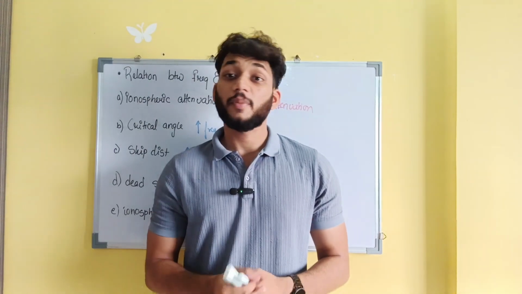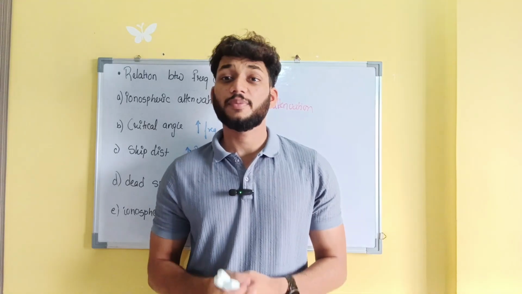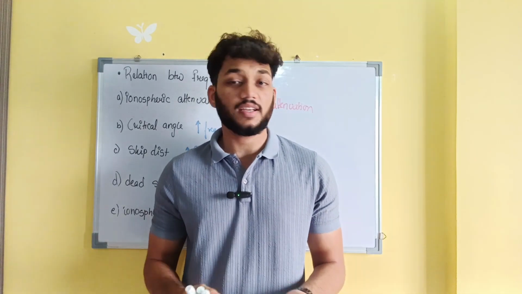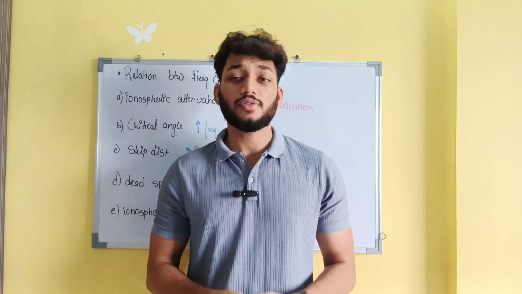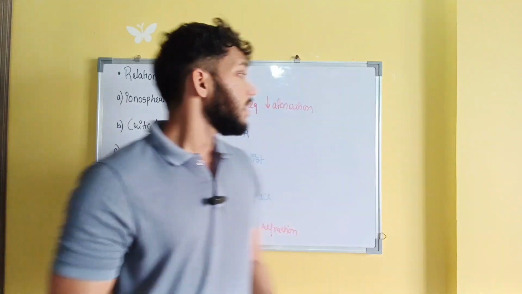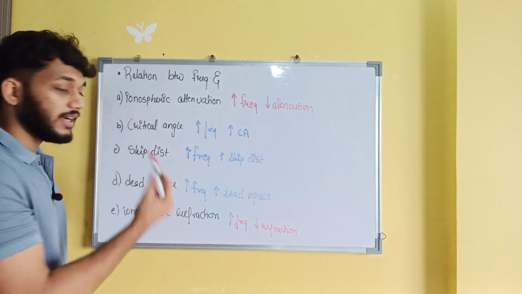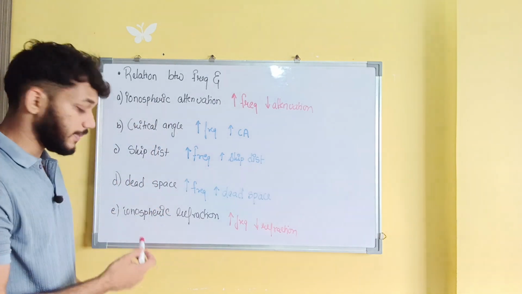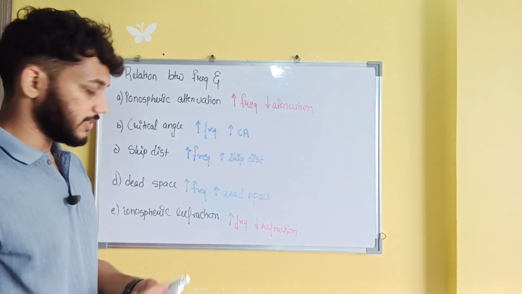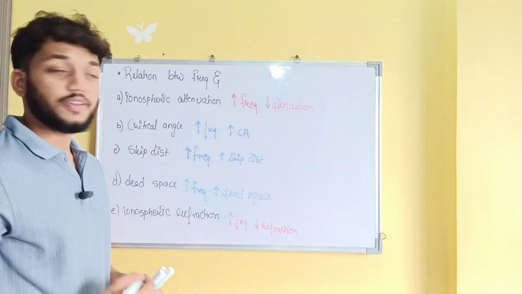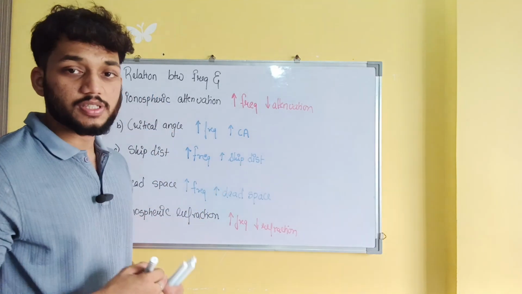So you might remember from our previous video we have seen the relation between frequency and diffraction, attenuation, etc. Now we are going to do something similar over here as well. We will be seeing the relation between frequency and ionospheric attenuation, critical angle, skip distance, dead space and ionospheric refraction. So let us see them one by one. First is relation between frequency and ionospheric attenuation.